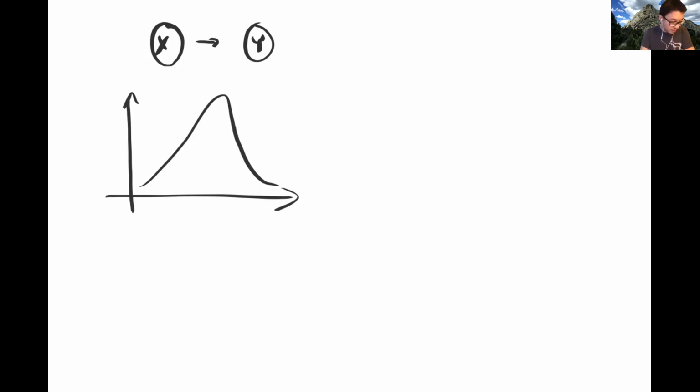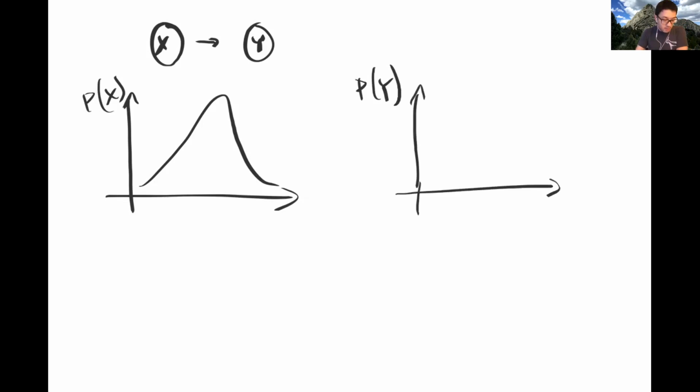So this would be your p of x and your p of y. And so this may be, on the left, the distribution of possible x values, and on the right would be your distribution of y values.